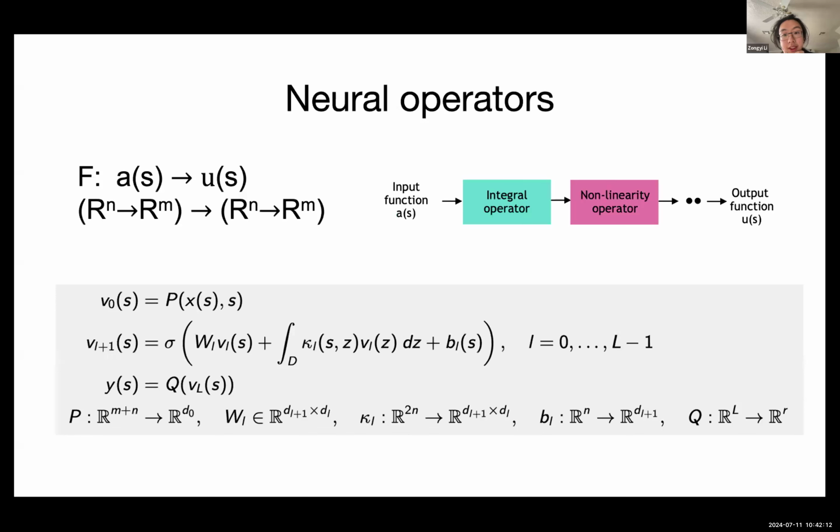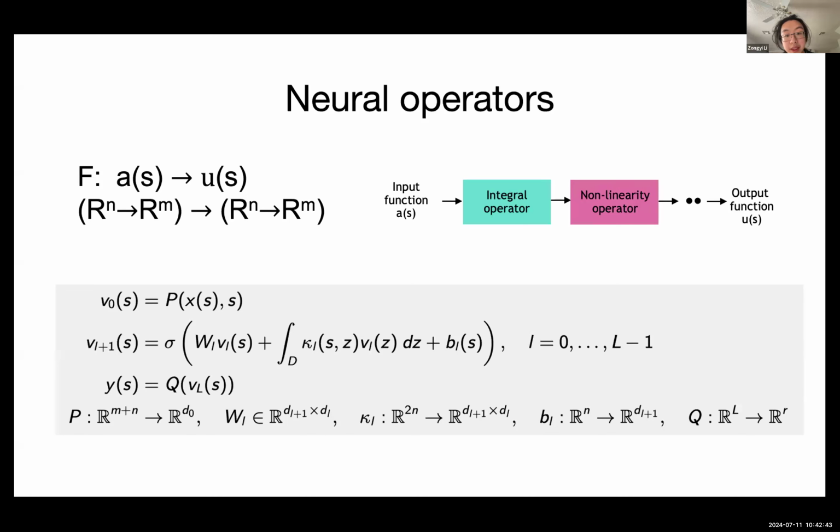Generalized to the function setting, the linear matrix-vector multiplication now becomes a linear integral transform. So we will define a kernel function kappa that corresponds to the weight matrix in the linear transform. And now this linear operator is defined as a linear integral transform with respect to some kernel function kappa.